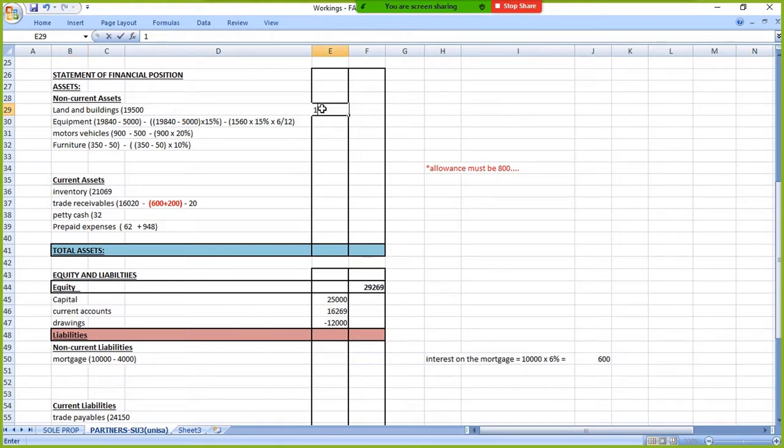Okay, so 19,500. Equipment, we need to tally up the equipment. Okay, we need to tally up the motor vehicles. We need to tally up the furniture.